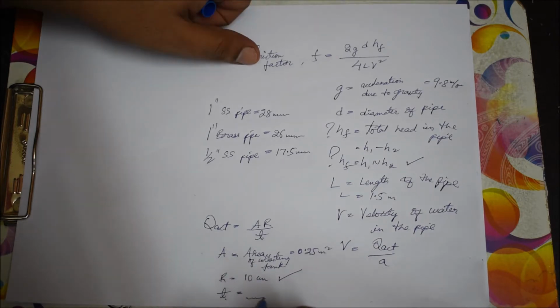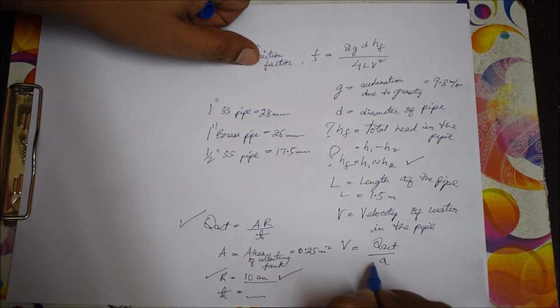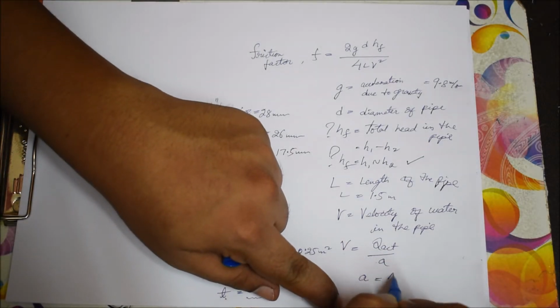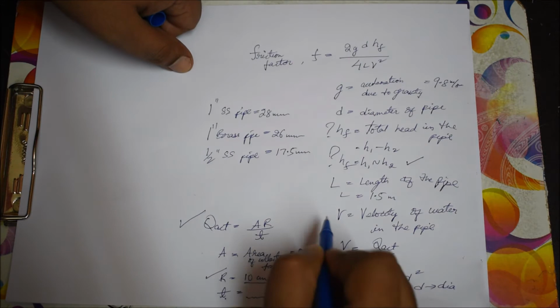T is determined with respect to the time required for 10 centimeter rise of water in the collecting tank. So once we calculate Q actual, we can substitute here and we can calculate the velocity of water in the pipe. Now what is A? A is nothing but pi by 4 into D square, where D is dia of the pipe. So we can calculate V.